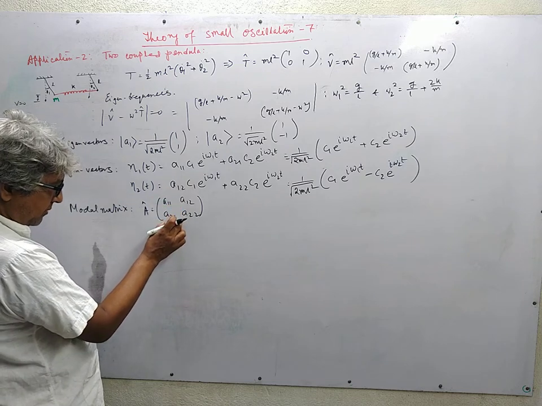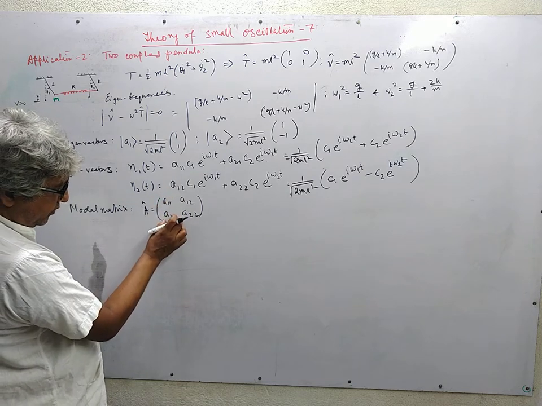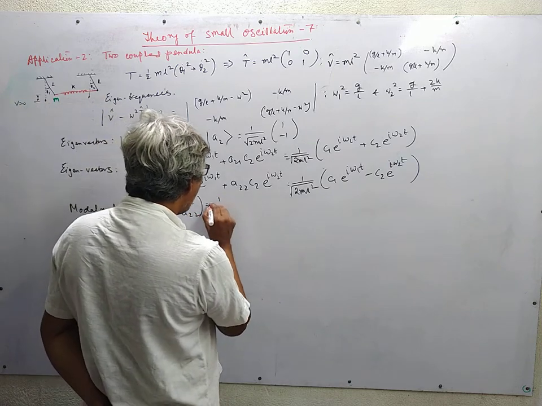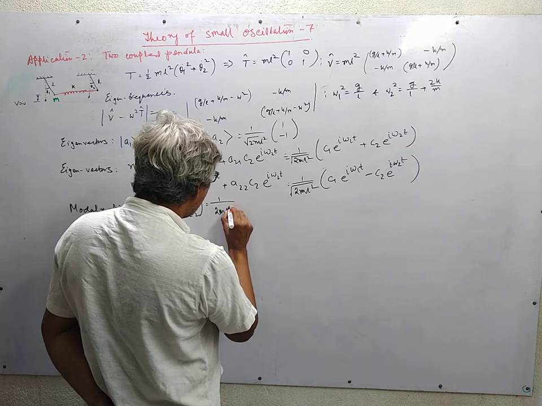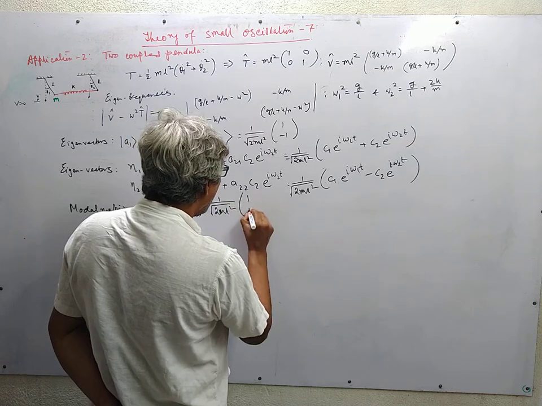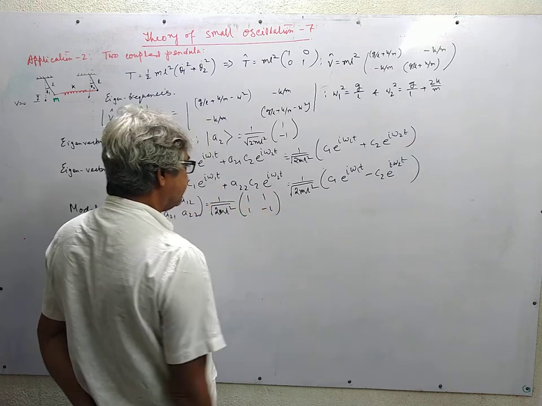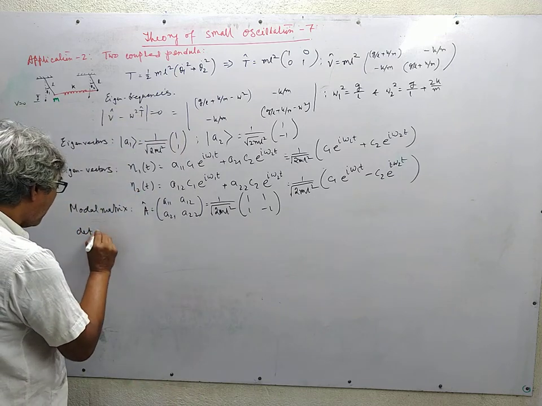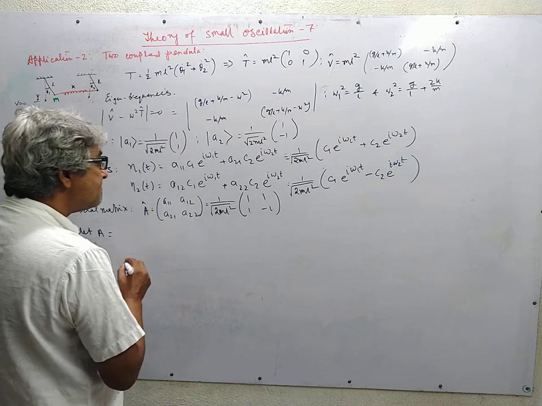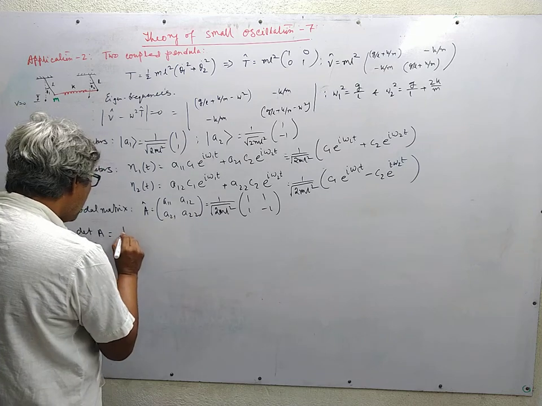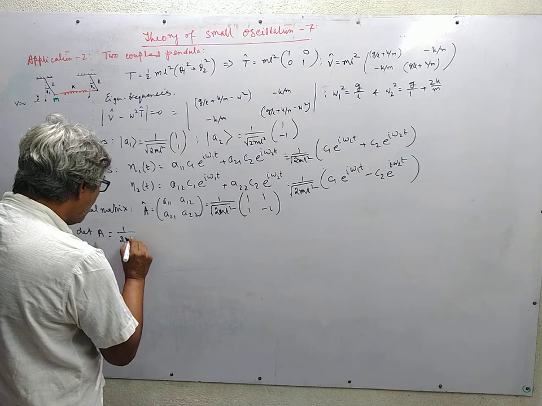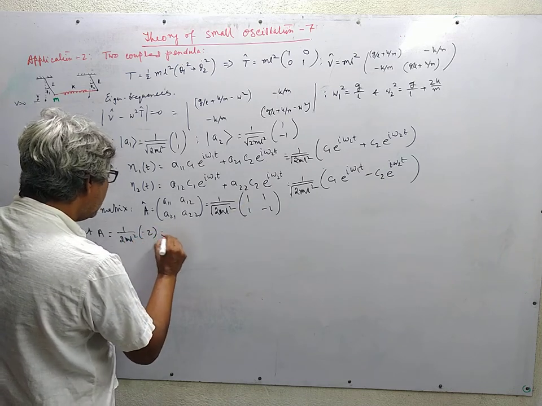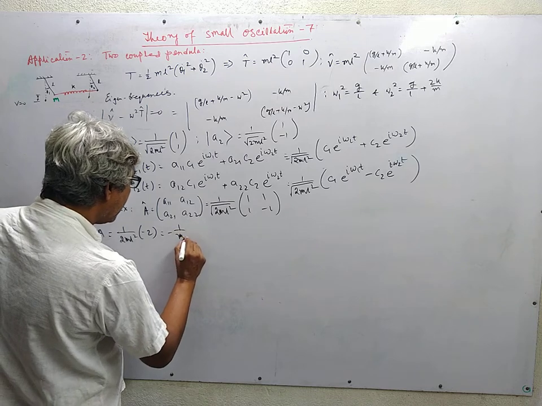This column is coming from eigenvector A1, this is from eigenvector A2, which is 1 upon 2 ml square root, 1, 1, 1, minus 1. So det of A is 1 upon 2 ml square times minus 2, so minus 1 upon ml square.